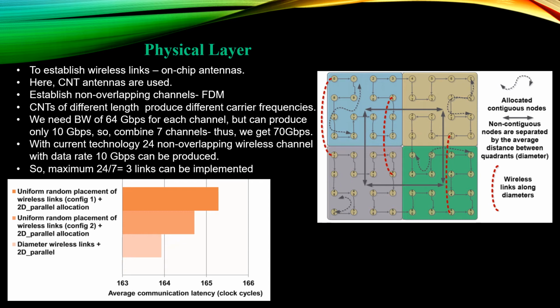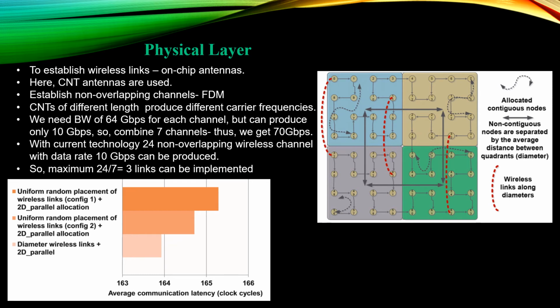Our requirement is to have 64 GB per second bandwidth for each wireless link, but each wireless link channel can provide only 10 GB per second. So what we can do is combine 7 channels for one link. So we will get 70 GB per second bandwidth, which is sufficiently higher than what we require.